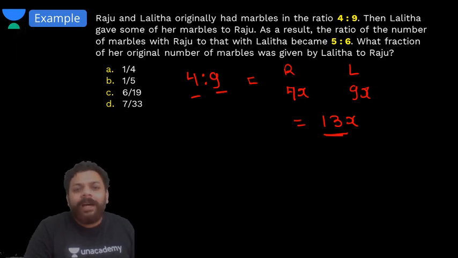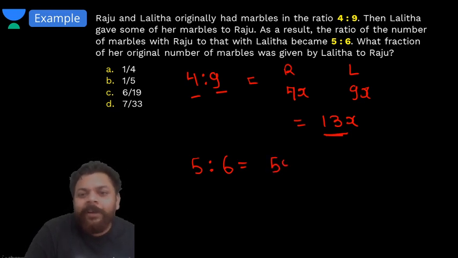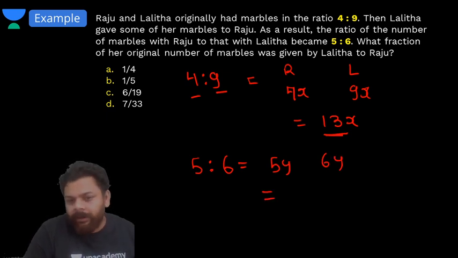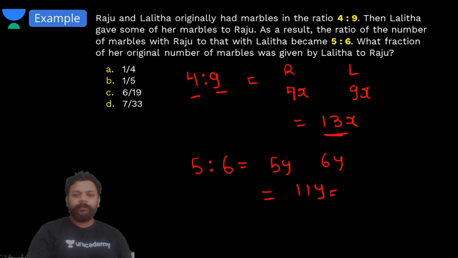After Lalita gives some marbles to Raju, the ratio becomes 5:6. So I can assume the number of marbles with Raju and Lalita as 5y and 6y. So in total, they will have 11y marbles.